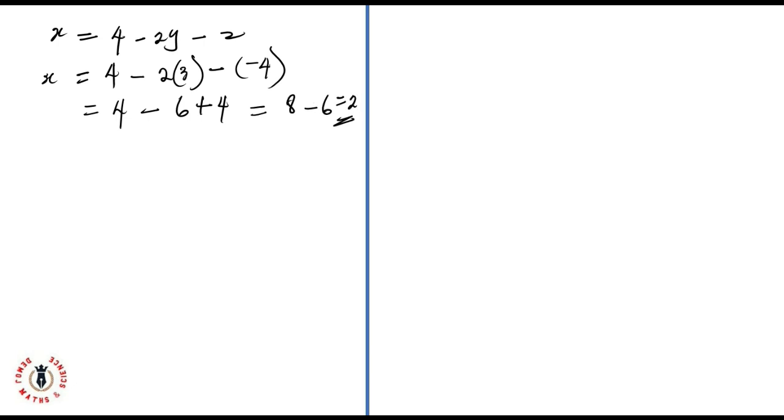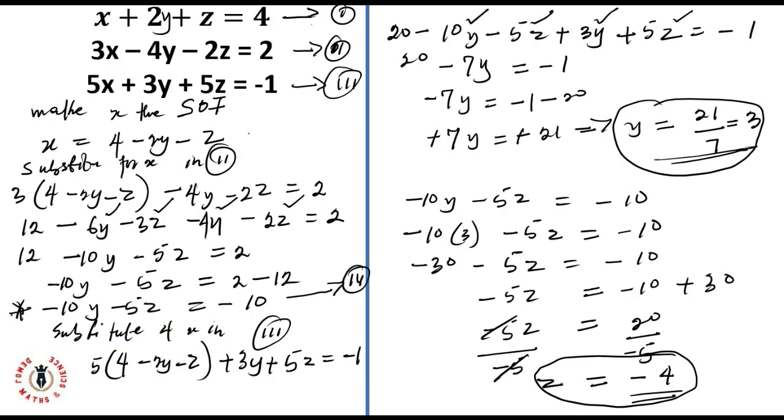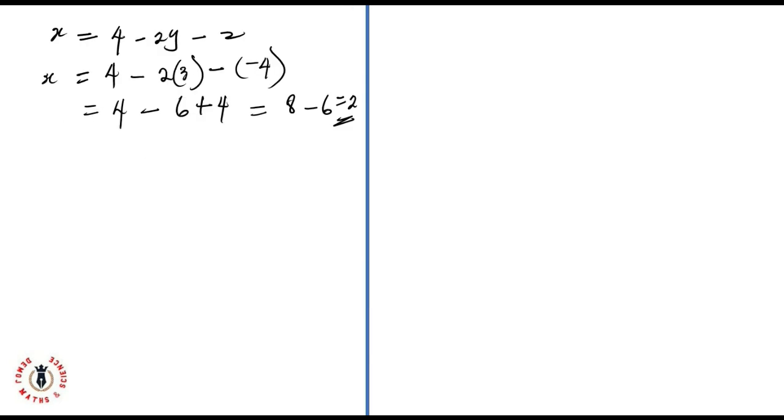So conclusively, we can say that for this set of linear equations containing 3 different variables, x is equal to 2, y is equal to 3, and z is equal to minus 4.